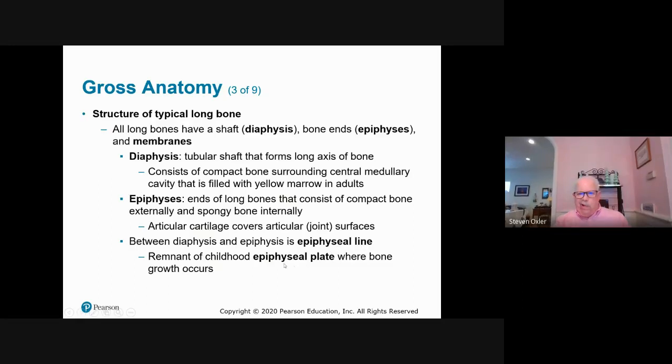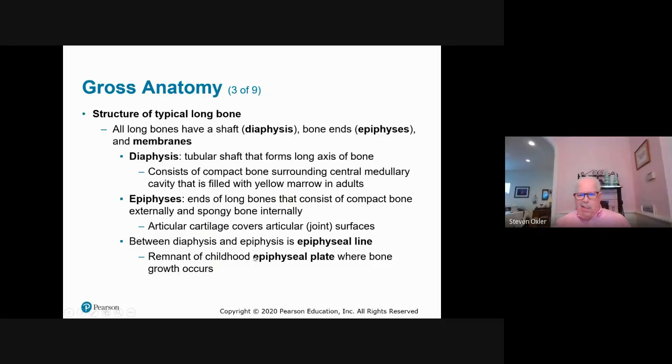Before you reach puberty, you have an epiphyseal plate. Once that calcifies, bone growth stops. So once you reach puberty and calcium goes into the epiphyseal plate, you will no longer get taller.